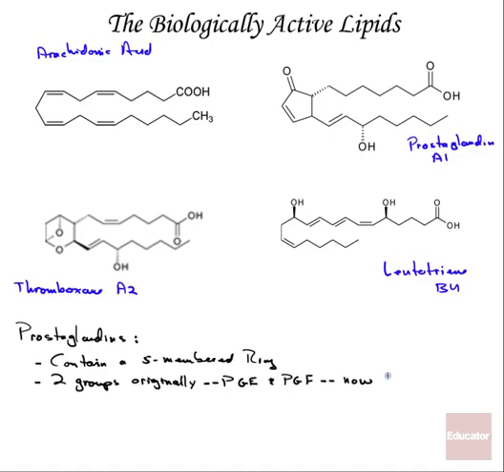Now, there are other groups, like the one above. This is the prostaglandin A series, prostaglandin A1, prostaglandin A2, A3, whatever, just like prostaglandin E1, E2, E3, prostaglandin F1, F2, F3, that's it. So PGE, PGF, PGA, and so on and so forth as more and more get discovered, I guess. And there are others. Now let's see, what else can we say about prostaglandins?